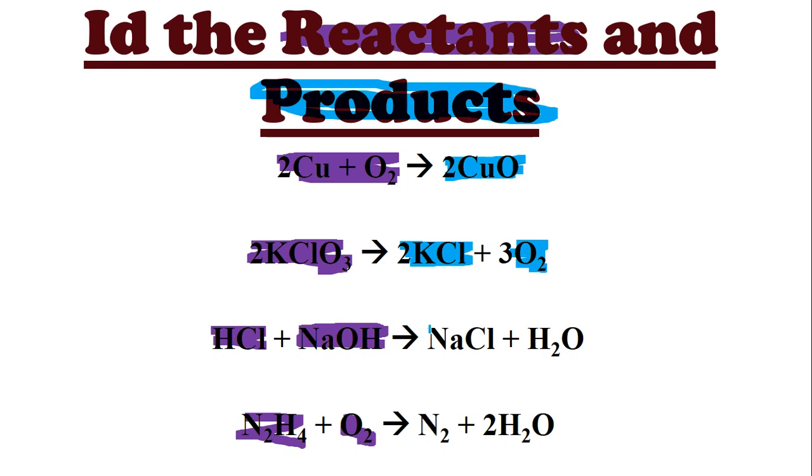The third equation, NaCl and H2O, are all products. So N2 and H2O, this last one, they're both products of the equation. Remember, the arrow divides the equation in half.